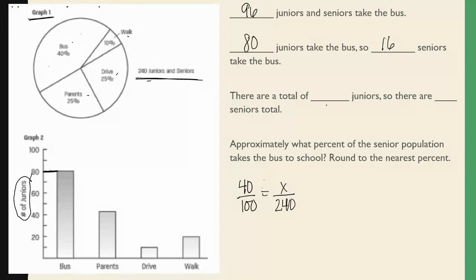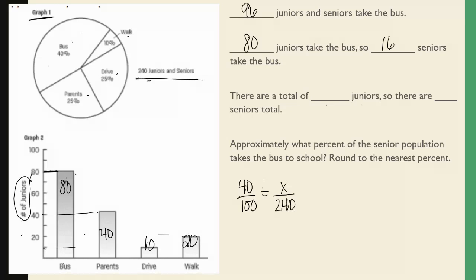There are a total of blank juniors, so there are blank seniors total. How do I figure out how many juniors there are? I'm going to look at this graph too, which is just number of juniors, and I'm going to figure it out. So I have 80 kids who take the bus. I have 40 kids who ride with their parents. I have 10 kids who drive, and I have 20 kids who walk.